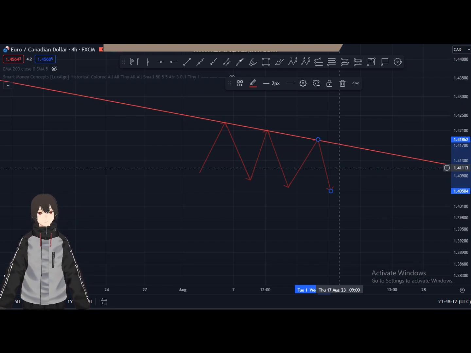The third is validity. The trend line is valid if the slope of the trend line is more than 45 degrees.